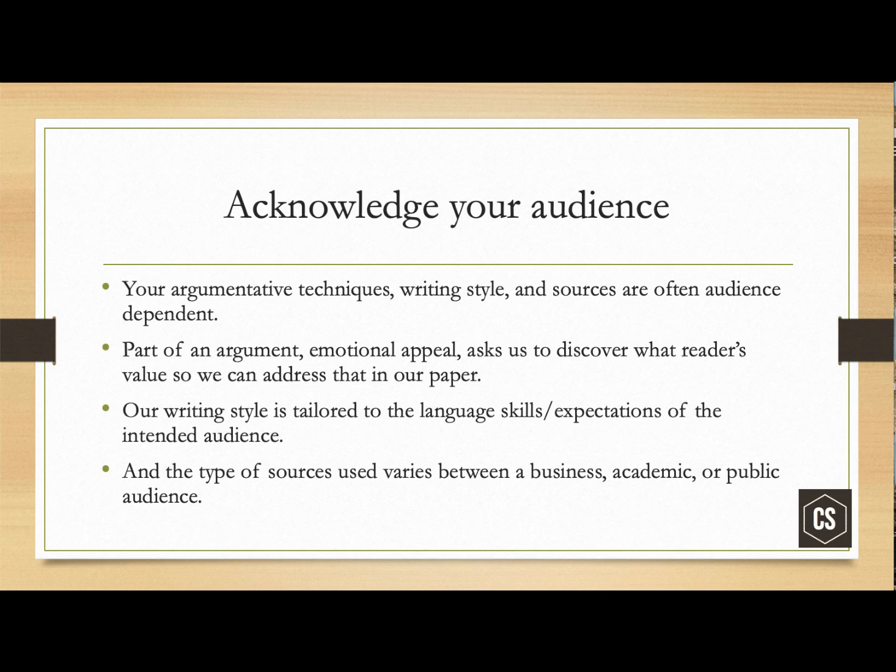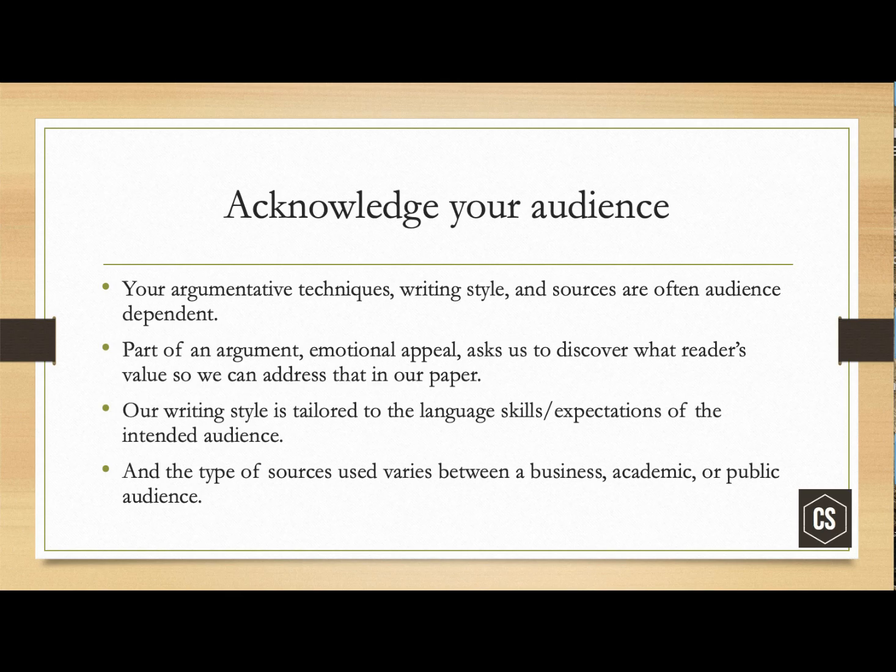Acknowledge your audience. Your argumentative techniques, writing style, and sources are often audience dependent. Writing for a parenting magazine or for your own parents might be different than writing for academics. And remember, your audience this time is an academic audience. Part of an argument, emotional appeal, asks us to discover what readers value so we can address that in our paper. Remember that from Comp 1. So for me, what I value is that you are fully exploring the information without letting your inherent bias skew your research.